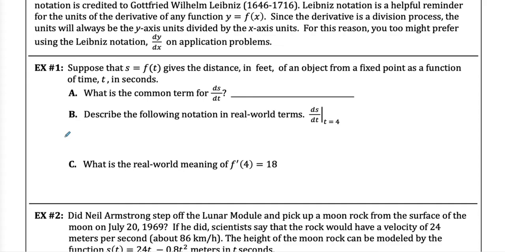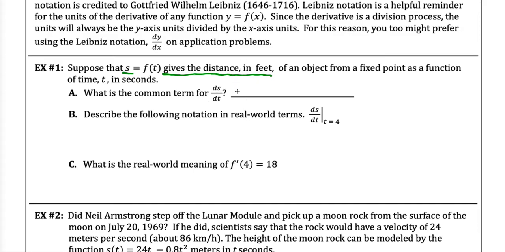Thoughts on ds dt? Speed over time, so acceleration. Okay, where are you getting the speed from? V of S. Oh, just the S portion? Yeah. Got it. That's actually pretty good logic, but it's not. Up on the top, it says that S is in feet. So S is distance in feet. Distance over time is velocity. Perfect. You're right. Otherwise, S logically seems like a speed or something.